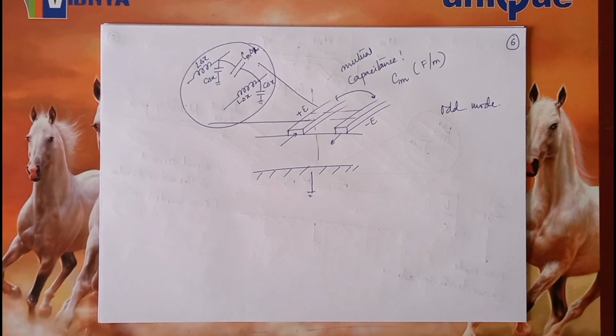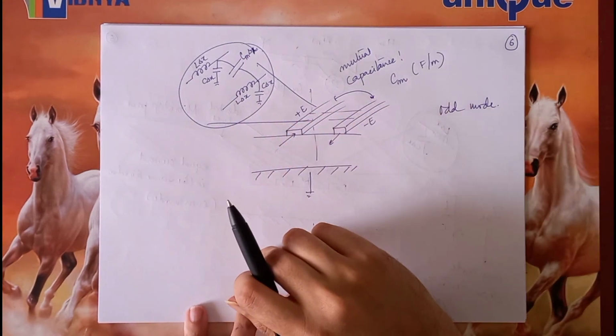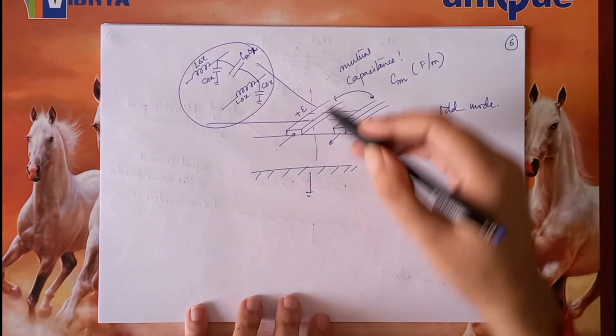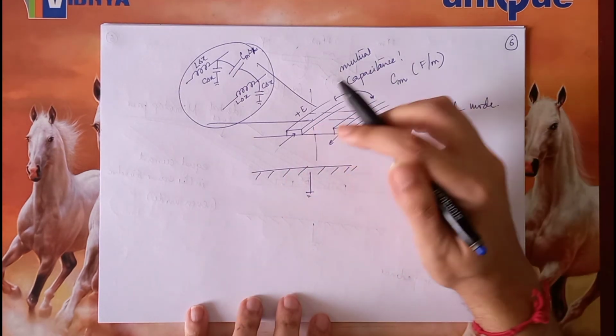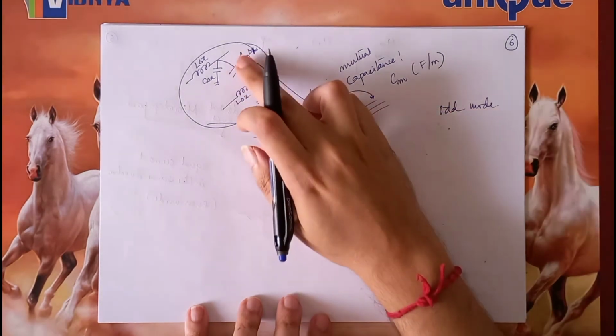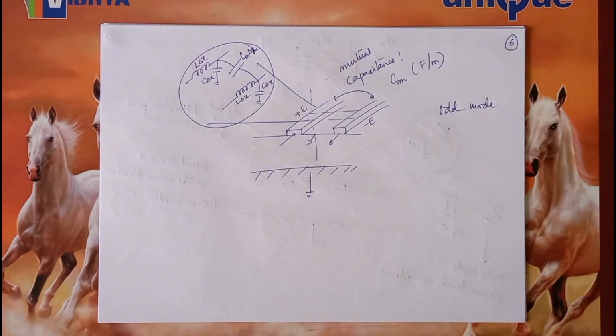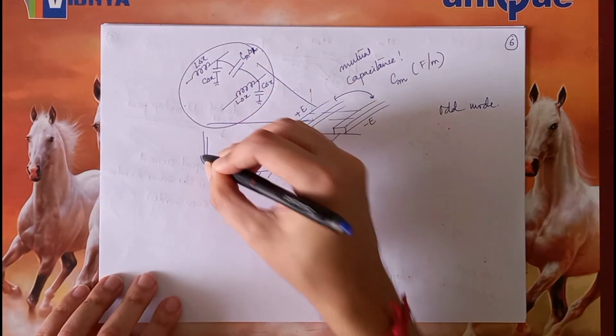Now, there is one more thing which we are forgetting. If there are two currents equal in magnitude and opposite in direction, somewhere in the middle there is a virtual short. So that means I can represent this capacitance as a series connection of two capacitors.